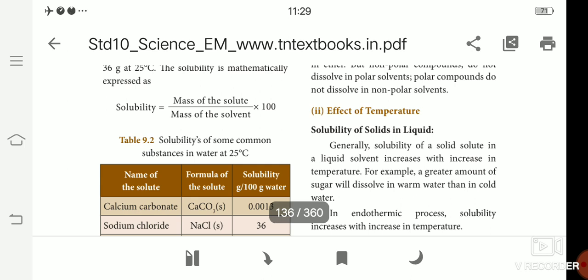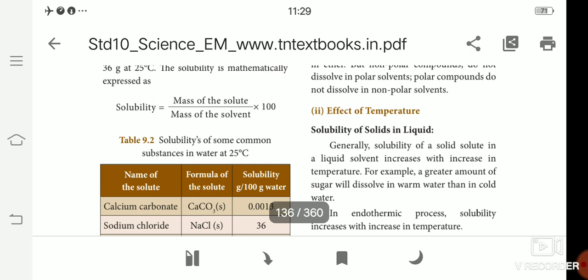The mass percentage is the percentage of the mass of the solute present in the solution, that is, the solute to solution ratio. There are two formulas.